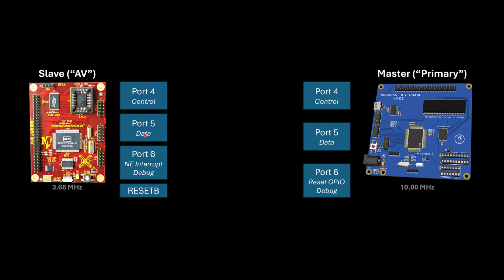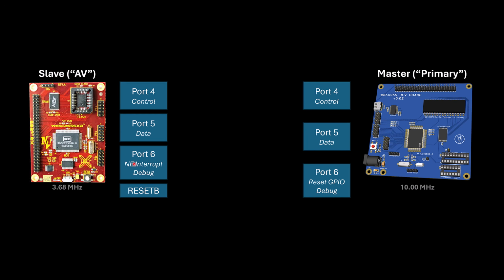Now my implementation, this Pseudo-PIB, I could probably use any port pins I wanted to, but I believe when I get to hardware PIB, you have to use the pins that are built into the hardware to support PIB. I'm also going to use a couple of pins on port 6 on the AV board for LED debugs, and also one that's going to receive an interrupt.